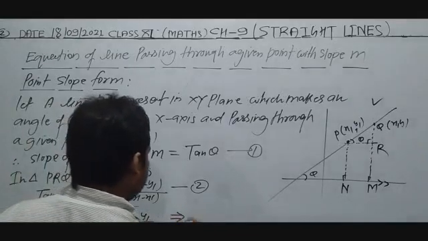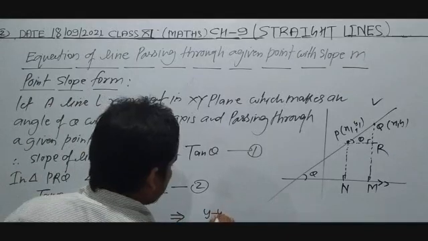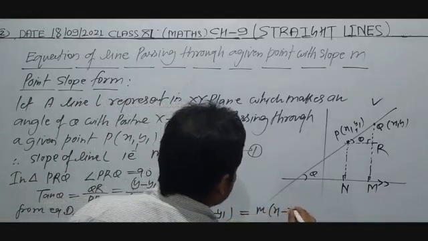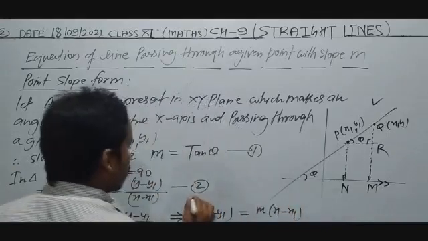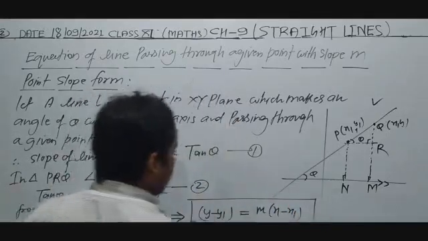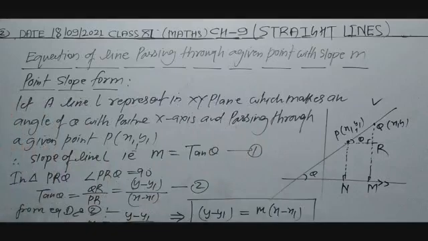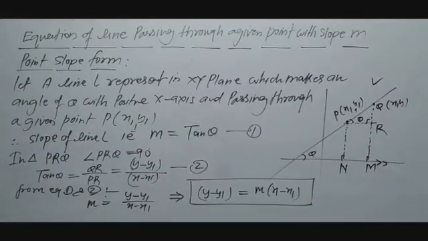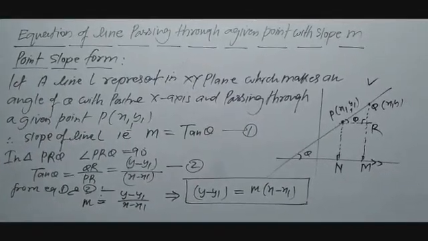This implies y minus y1 is equal to m in bracket x minus x1. Now this is the formula of point slope form, the equation of a line passing through a single point having slope given. This is the formula.